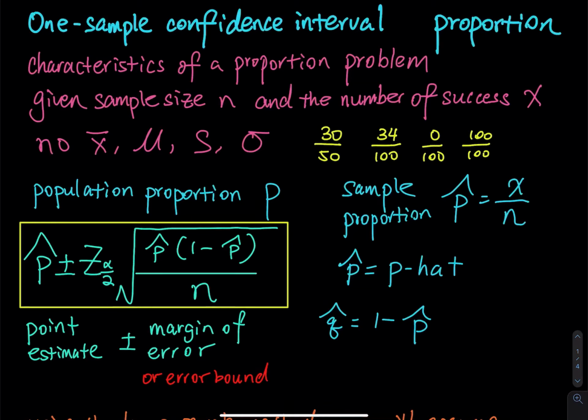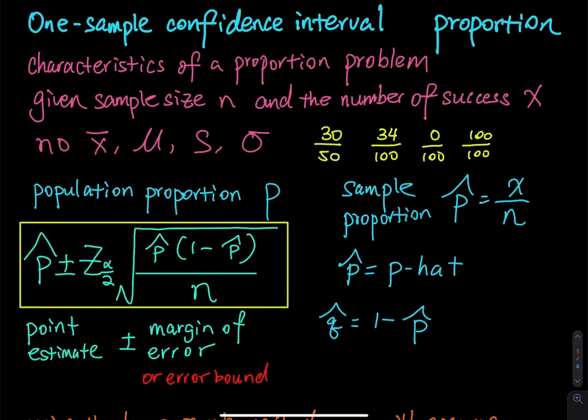Usually when I teach proportion, I don't really use the Q hat. All I introduce is the P hat, because x is the number of success and the opposite of success is the number of failure. And I don't think you will need that to do analysis.